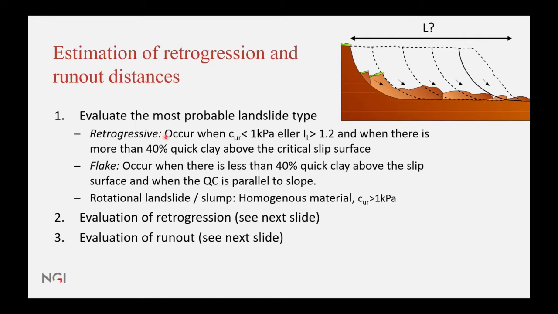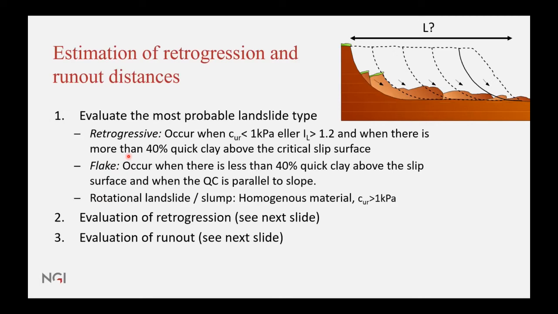Usually, what we do is that we first try to analyze what type of landslide this slope would be subjected to. Will it be a retrogressive landslide, a flake type landslide, or simply a rotational landslide? And we came up with some criteria recently in order to delineate these types of landslide.